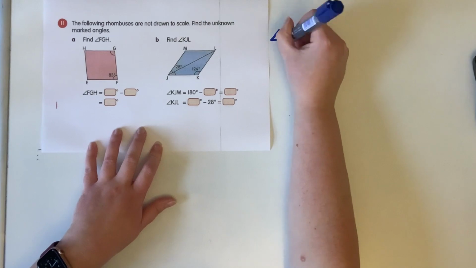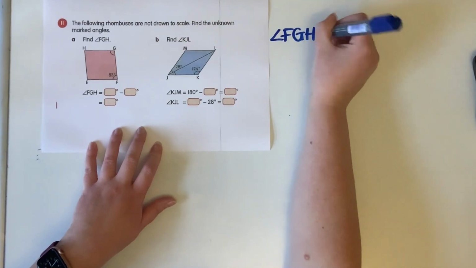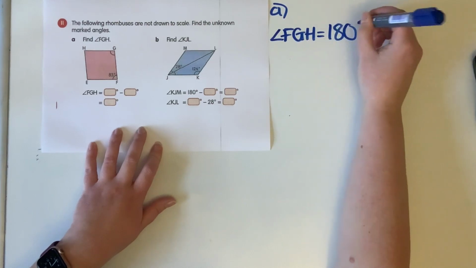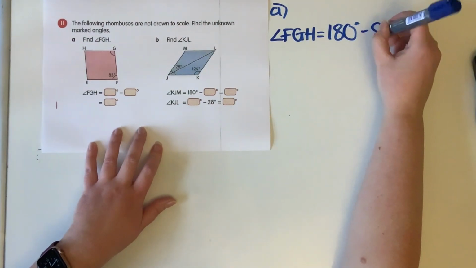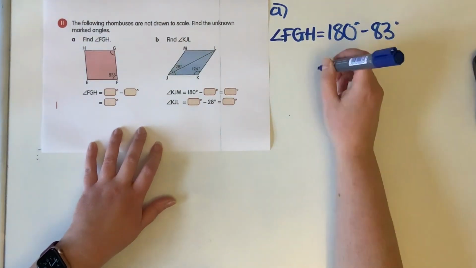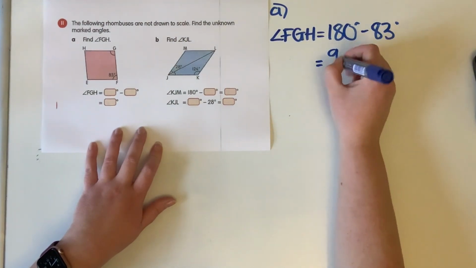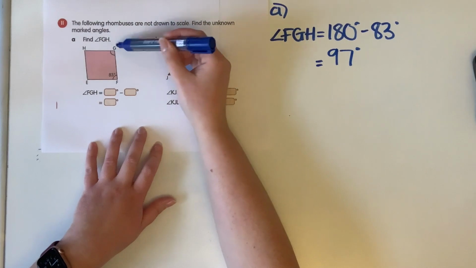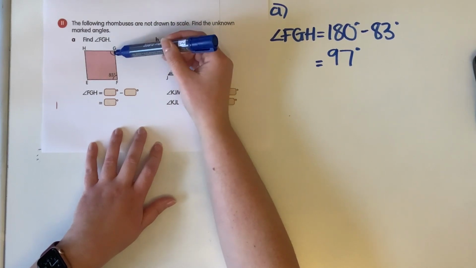I can subtract that angle, so this is A, from 180 degrees. So 180 degrees subtract 83 degrees equals 97 degrees. So angle FGH, this angle here, equals 97 degrees.